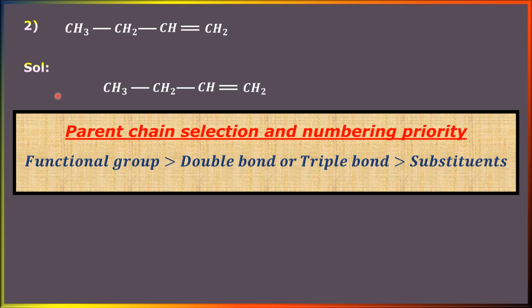Here numbering should be done in such a way that the carbon atom linking to the double bond should get the lowest number possible. For that reason, I am numbering the chain from right to left.